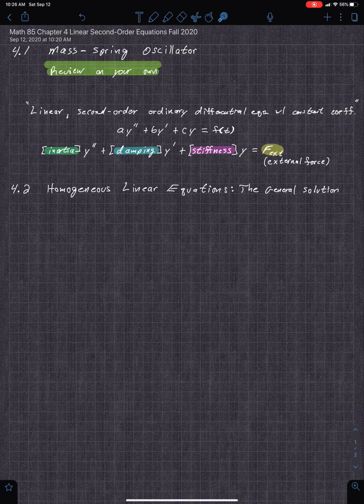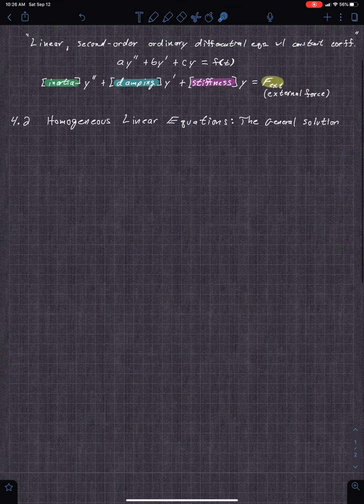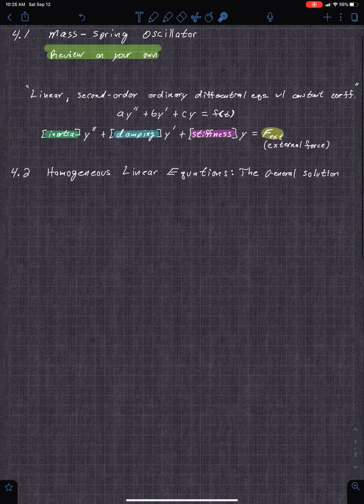In the analogy to the mass spring system, you get a differential equation where the coefficient of y double prime is inertia, the coefficient of y prime is damping, and the coefficient of y is the stiffness of the spring.